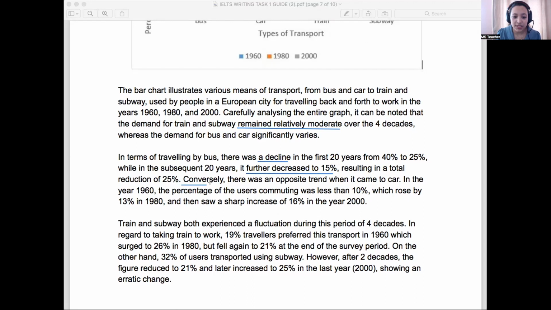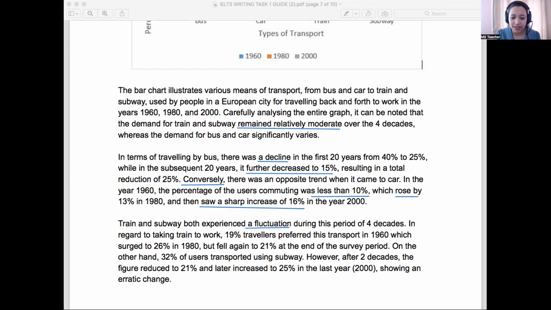We also use the adverb conversely. Then we have less than 10% to show comparison. Next, in the same paragraph, we have rose by 13%, and then a sharp increase of 16% in the year 2000. So we've used all sorts of words here. Let's take a look at the third paragraph.